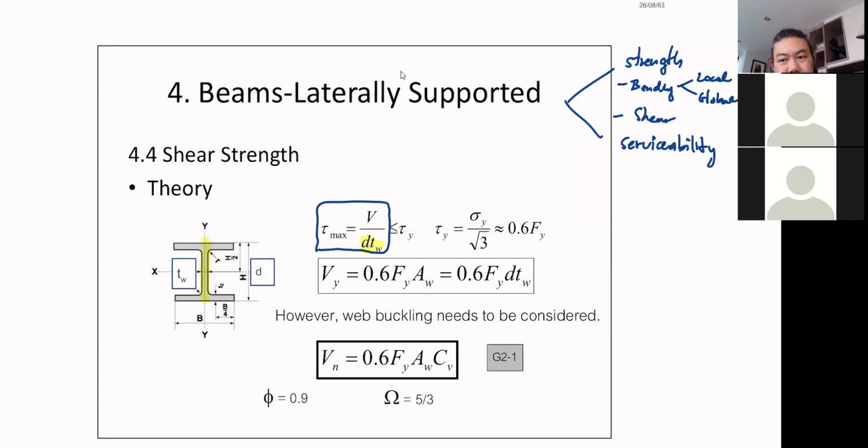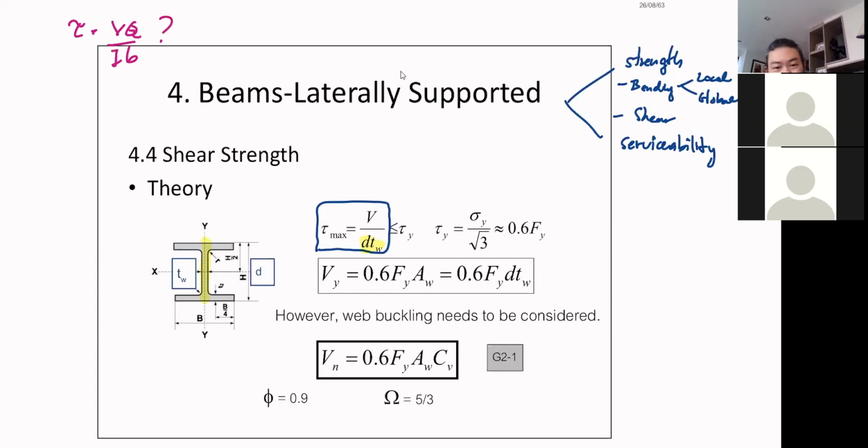So whatever happens to your VQ over Ib, man? Do you remember that? Do you remember your shear stress equal to VQ over Ib?